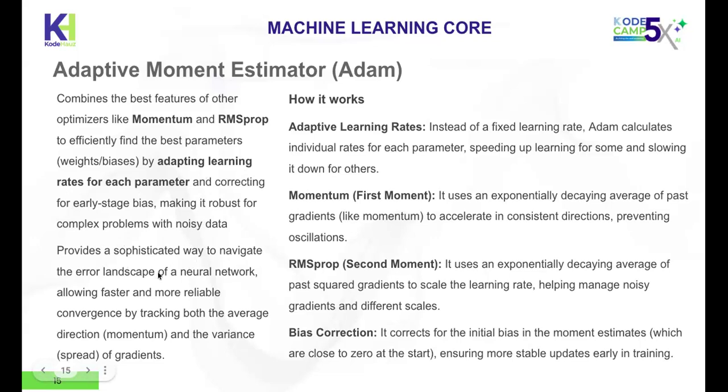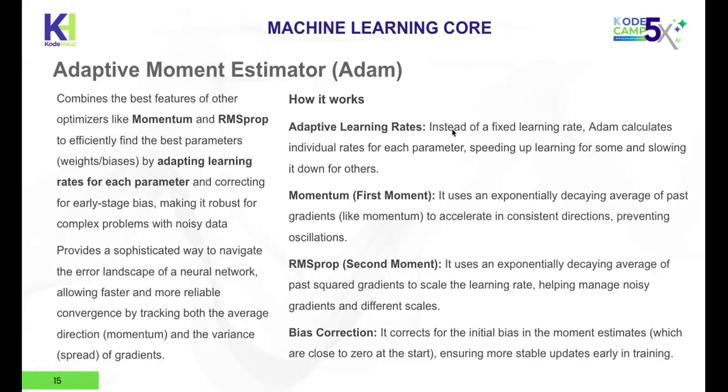Adam is one of the most sophisticated optimization algorithms for neural networks these days. Even though there are now new variants of Adam, you have the AdamW, which we'll talk about, and the NAdam as well, right? So it allows for faster, more reliable convergence by tracking both the average direction, which is the momentum, right? And the variance spread of gradients.